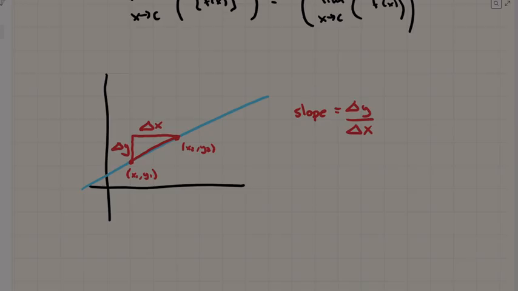But now we get into calculus and there are squiggly curves, with different slopes at different x values. And so on a curve, the slope can change from point to point.